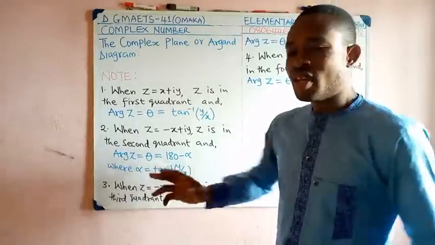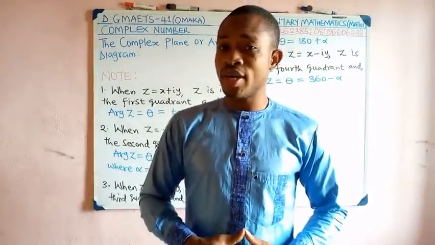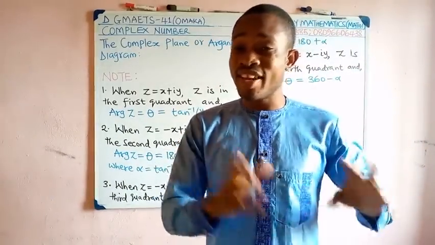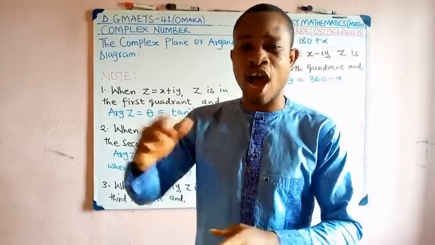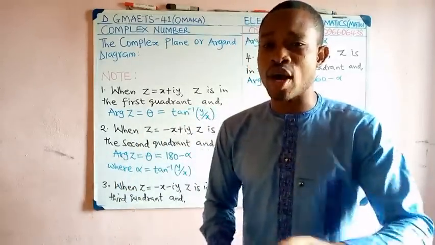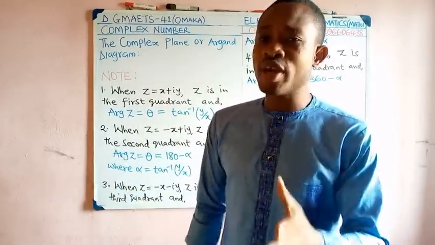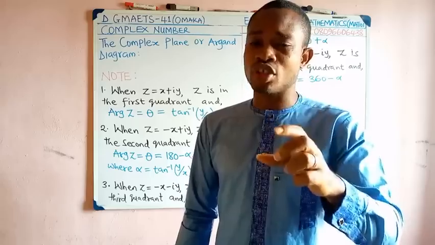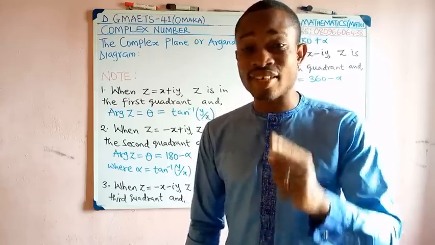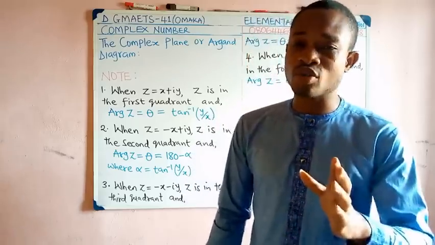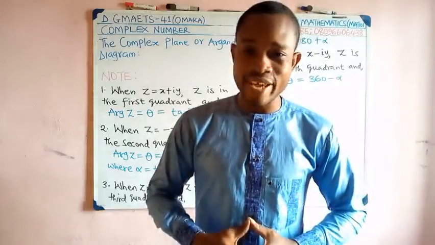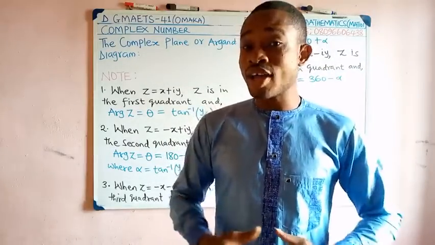Does that make sense? Now, the third case is when z is equal to negative x, negative iy. That is to say, x and y are negative there. We expect that the position of the complex number is going to be in the third quadrant, because in the third quadrant, x and y are negative. How do we get our argument?